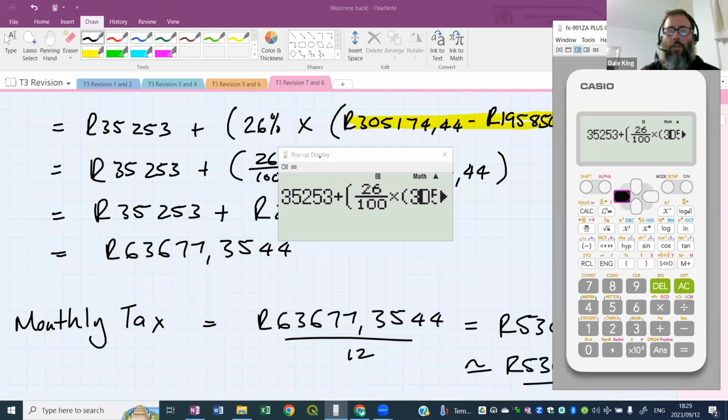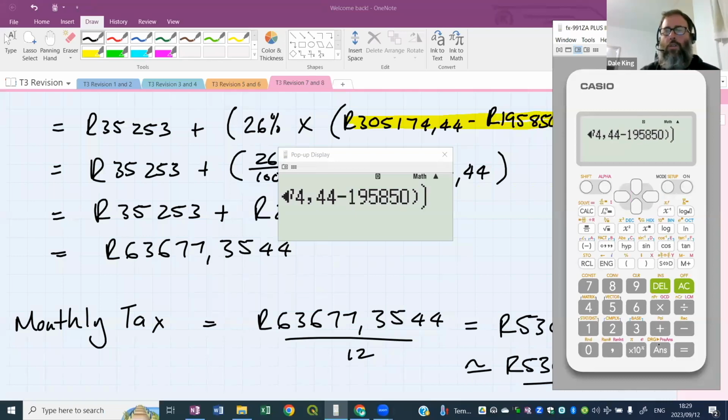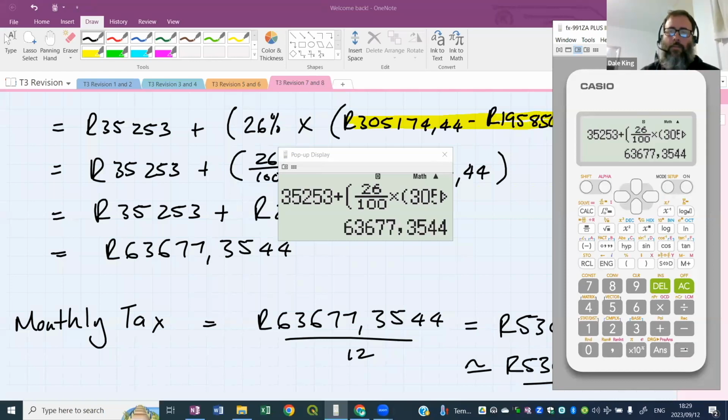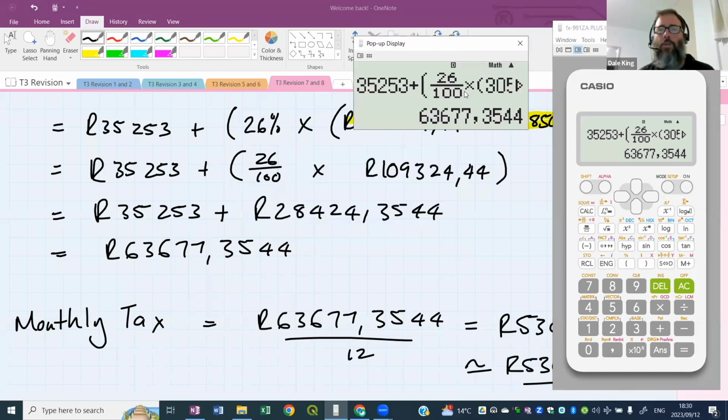So if I move along back in the calculator, that big bracket there is to hold the 26%, and then the small bracket here is to hold the 305,000 minus 195,000. At the end of the line, you've got to have two brackets to close off. That should give us the same answer. Yep. So check it on your calculator, write it in again, and just let us know in chat if it works. But the way you write it in the calculator makes quite a big difference.